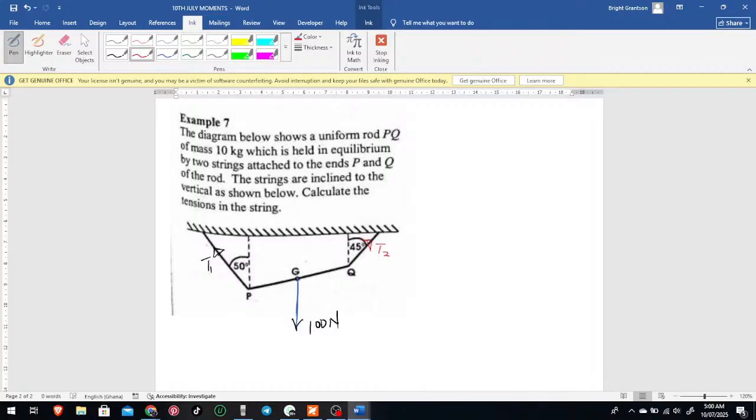This question is more of a string problem, right? One thing we know is that the sum of upward forces equals the sum of downward forces, right? I hope you get it.